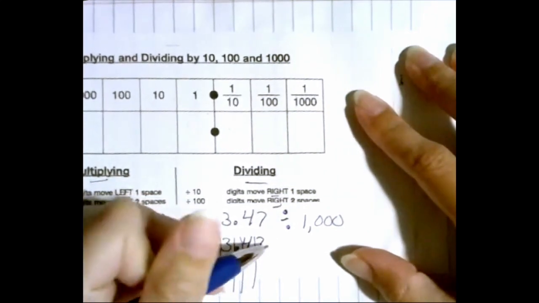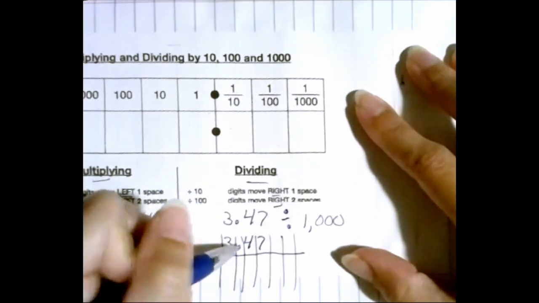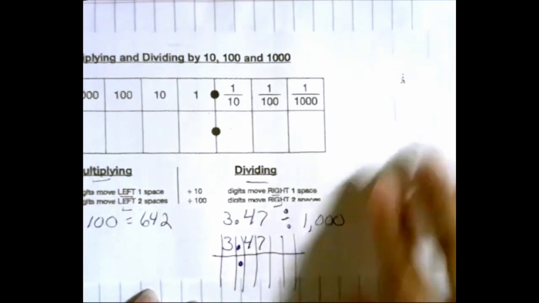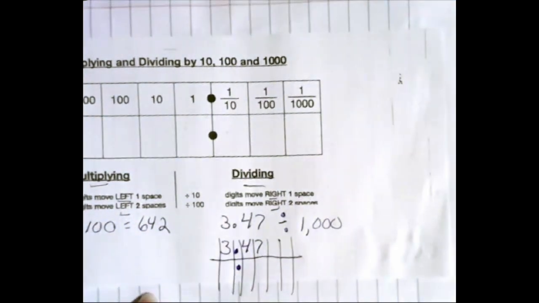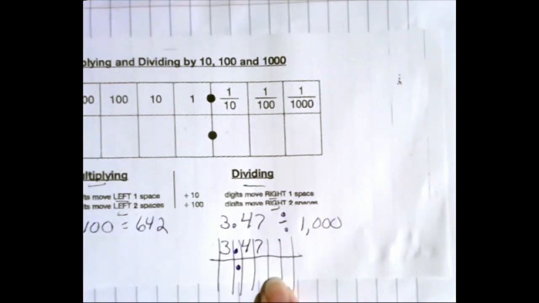Doesn't have to be fancy. You don't have to use a ruler. Our decimal goes straight down where it was before. That does not move. Our digits are what's going to move. Now this time, since we're dividing, our answer is going to get smaller, so we want our digits to move to the right. How many times do we want our digits to move to the right?